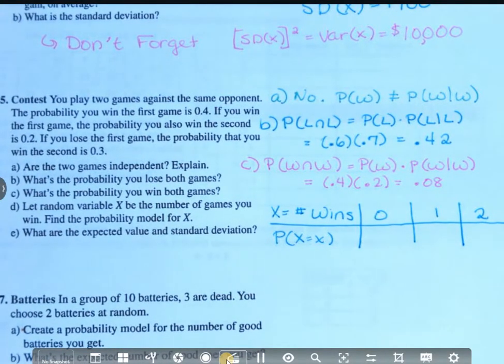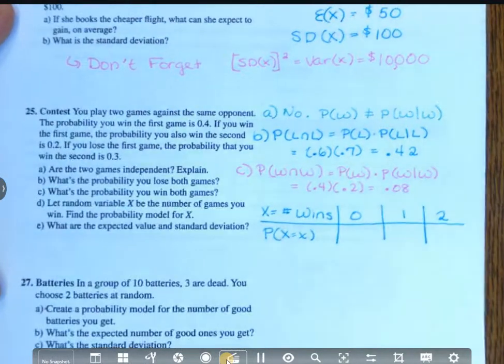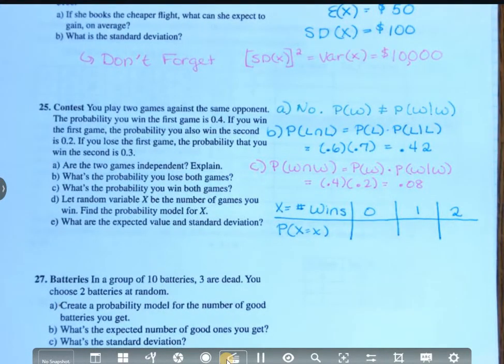What you'll see up here, I have all of my probabilities calculated for A, B, and C. Check those out. Do we have any questions on those?